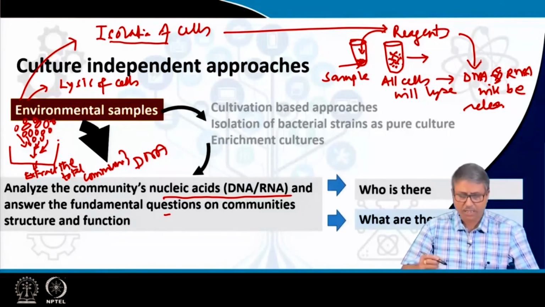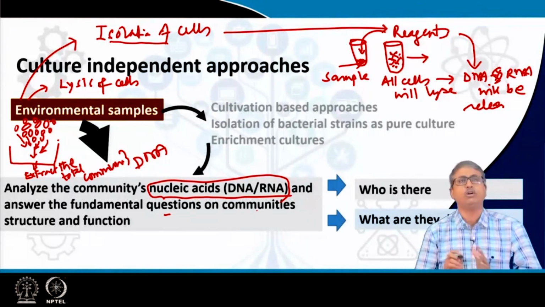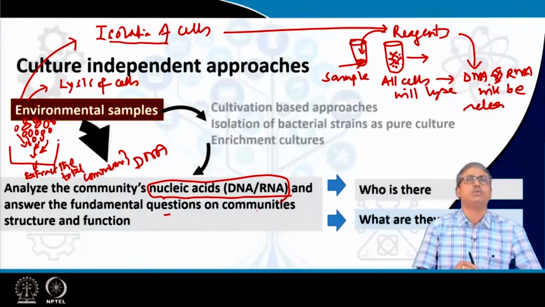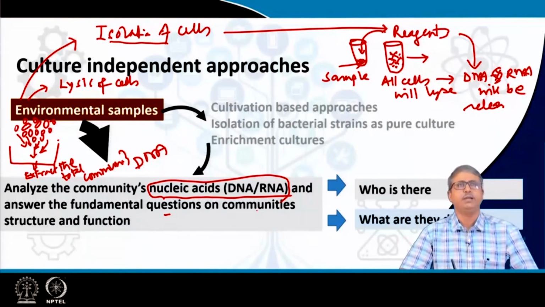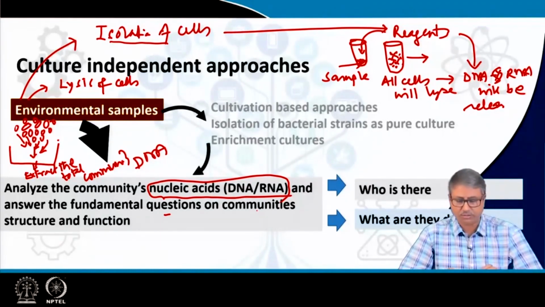So, essentially our target is to get the total nucleic acid, that is the DNA or RNA or both. Generally, to keep the workflow simple, we will consider the DNA because working with RNA requires certain specialized settings and chemical reagents. So, we will talk about RNA whenever it is applicable or required.